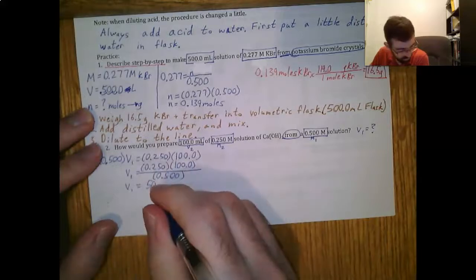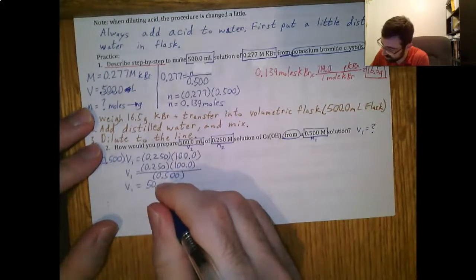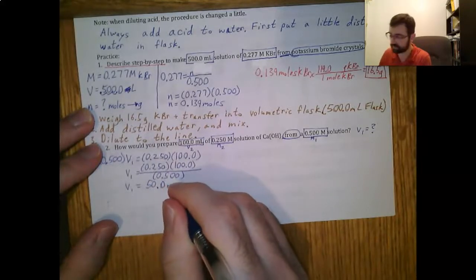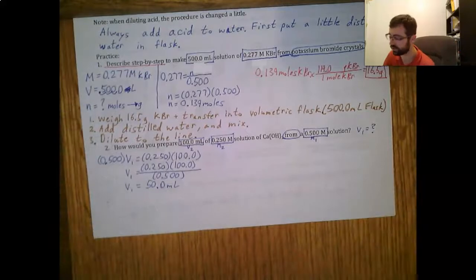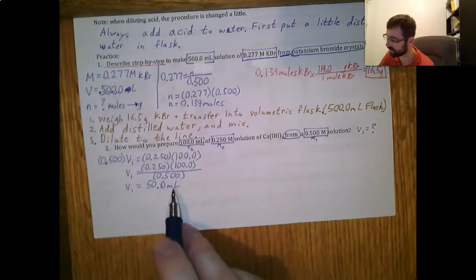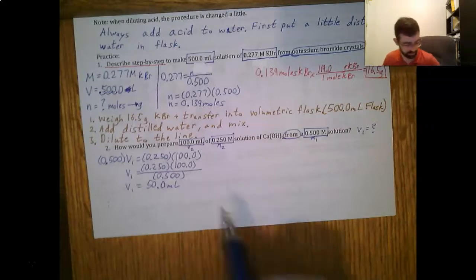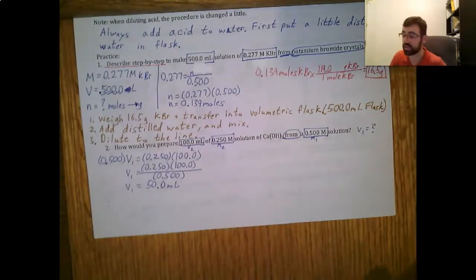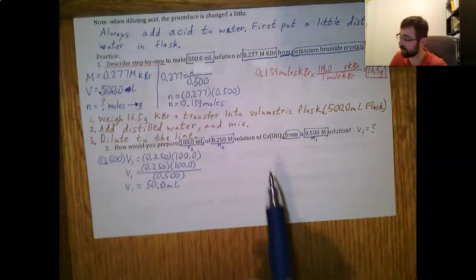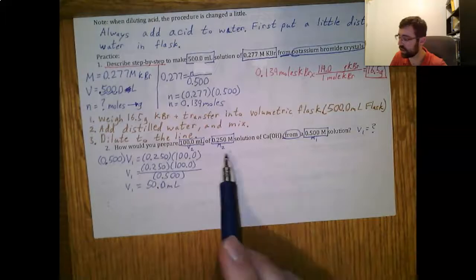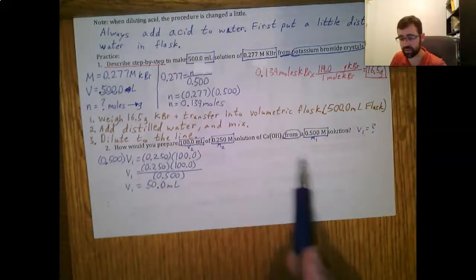So 50.0 milliliters. Make sure your units match the units of the other volume. They're milliliters. All right. Yeah, with this formula, because it's M1 V1 equals M2 V2, your units just have to match, okay?